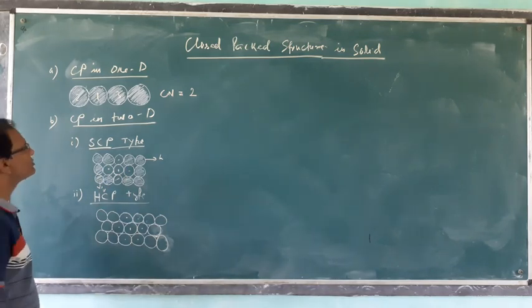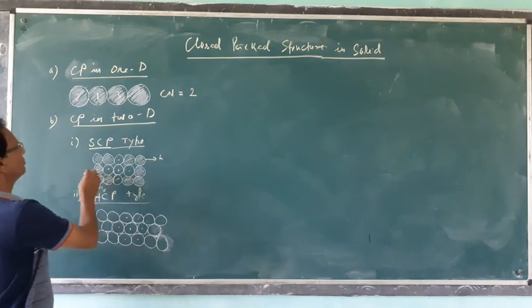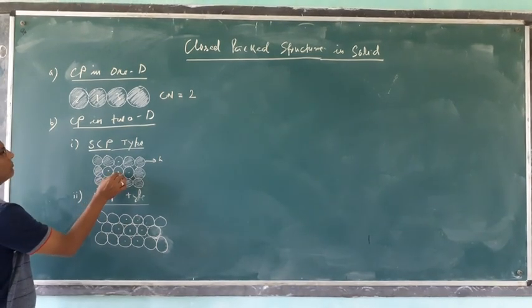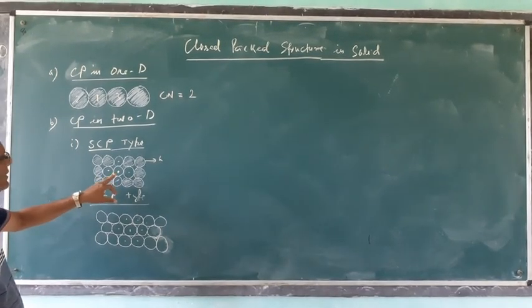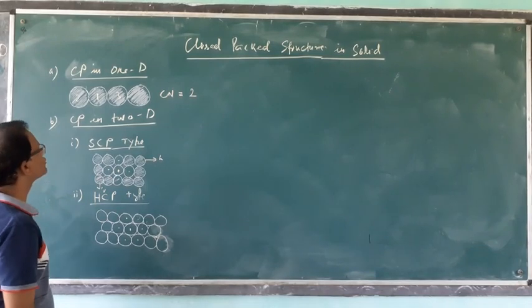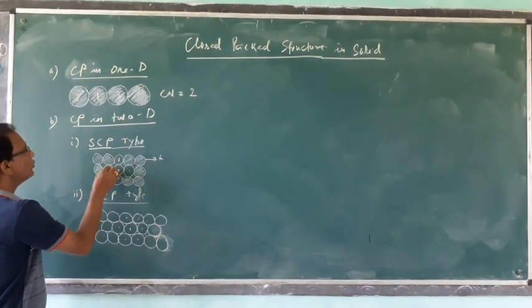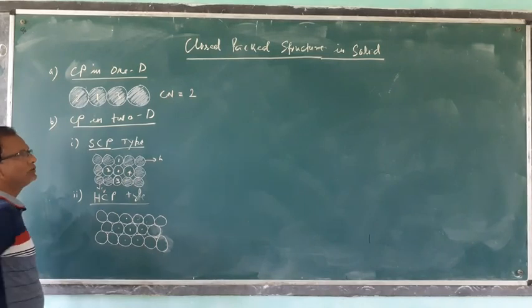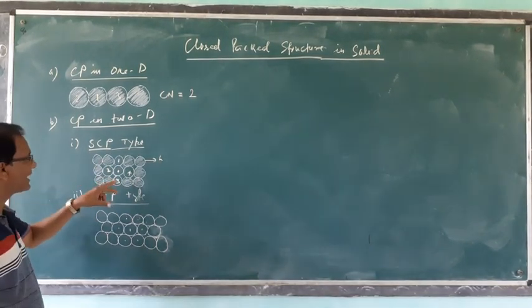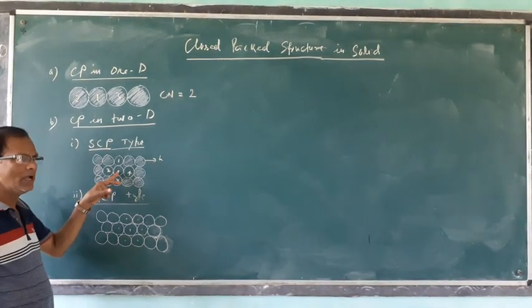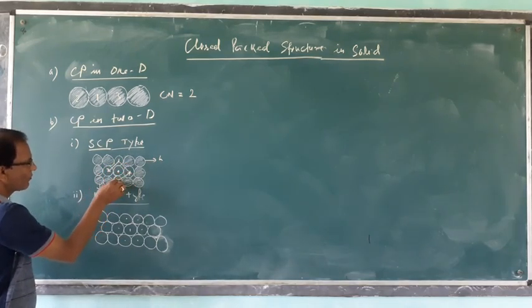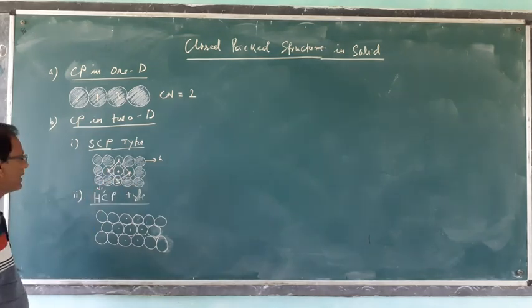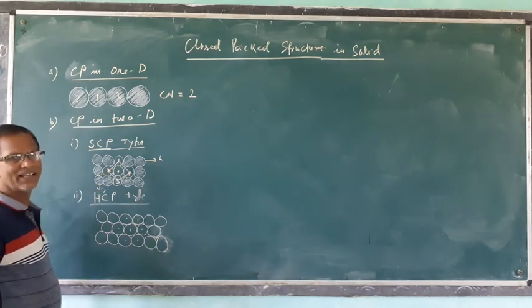But here one thing you see, suppose consider this sphere. This middle one is directly attached to 1, 2, 3 and 4. So 4 spheres are directly attached to this middle sphere. If you join all these neighboring spheres, then the shape will be just like a square.